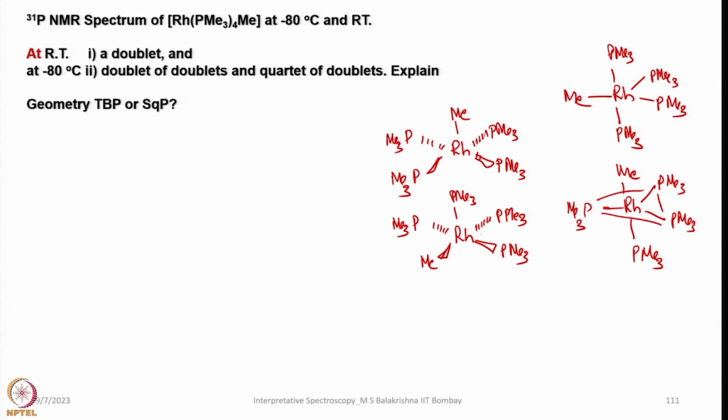So now these are the possibilities. I don't think any other isomeric forms are possible for this one.